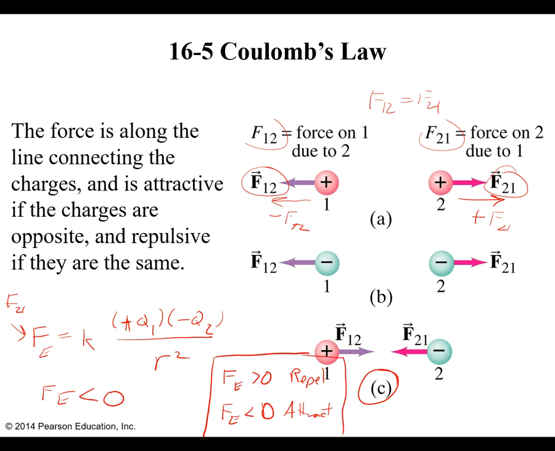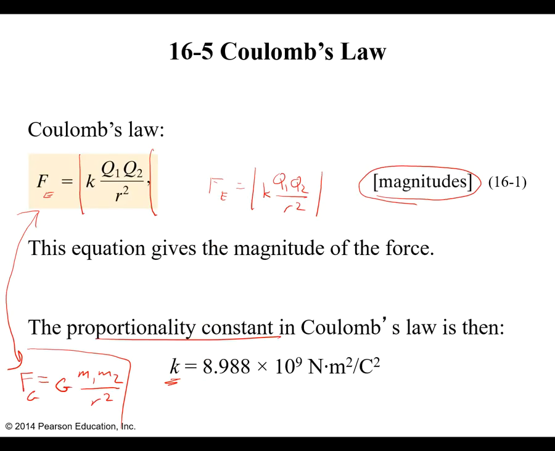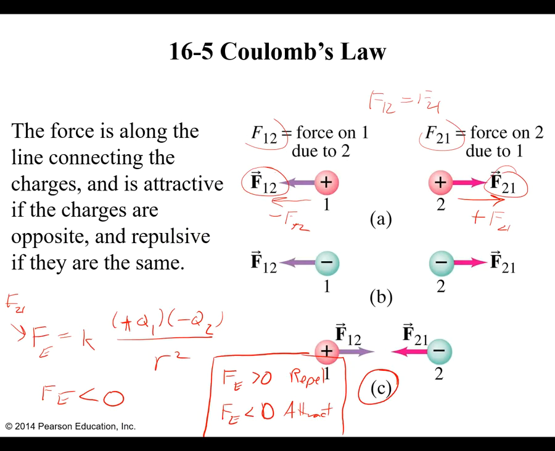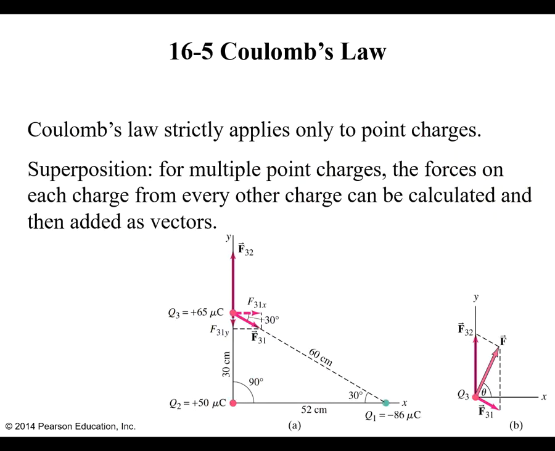That's all that the positive or negative in the electric force equation tells you, is if they're going to repel or attract. When you start dealing with multiple forces, you have to remember that this equation only really gives you the magnitude. The sign only tells you if it's attractive or repulsive. That's it. So we take the absolute value of Coulomb's law.